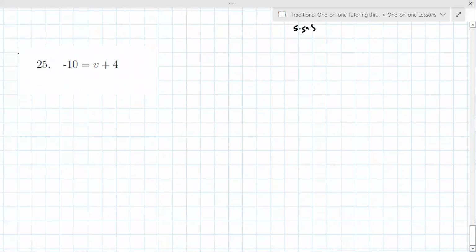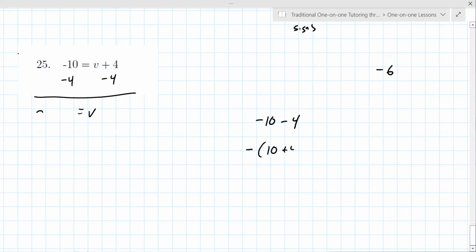What did you subtract from both sides of the equation? 4. Okay, so subtract 4, subtract 4. So that's minus 10 minus 4. Are they both negative? Yes. So the answer is definitely negative, but then you add the numbers, not subtract them. So negative 14.